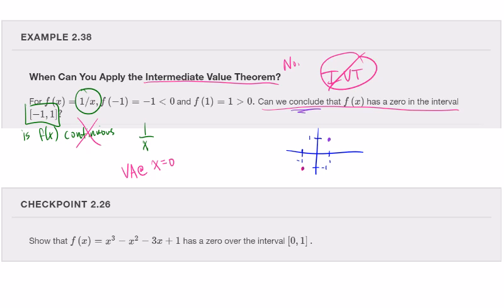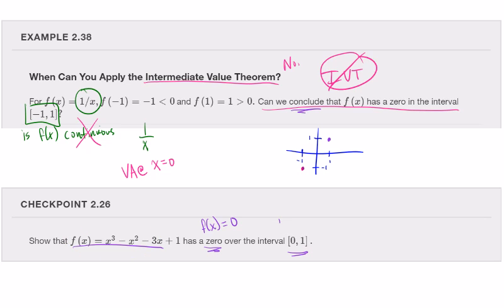All right, so let's take a look at this example here. We're trying to show that this function f of x has a 0, so that means f of x equals 0 over the interval from 0 to 1. First of all, we need to ensure that this function is continuous from 0 to 1.